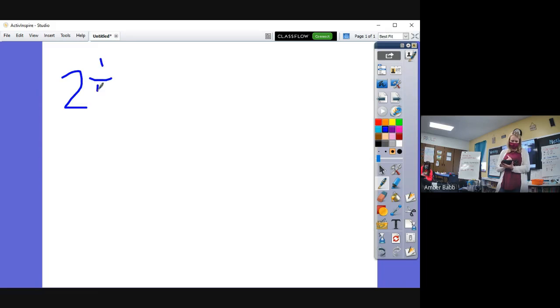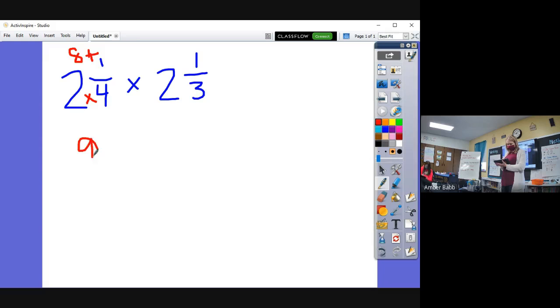The first one is 2 1/4 times 2 1/3. Okay, first thing I need to do is change these to improper fractions. So to do that, I'm going to multiply my denominator times the whole number, which gives me 8, and then I add my numerator, which would give me 9, and I put it on top of my original denominator.